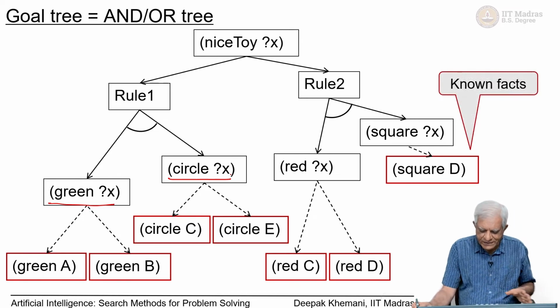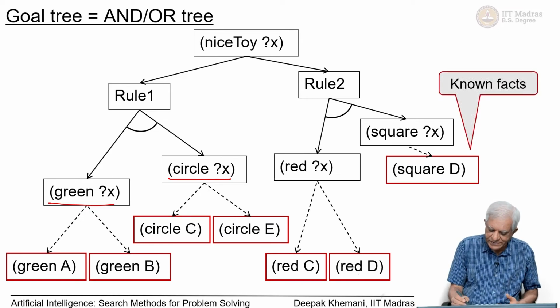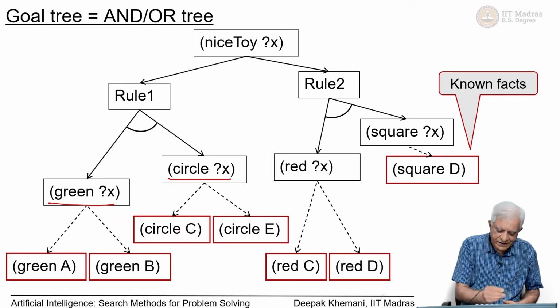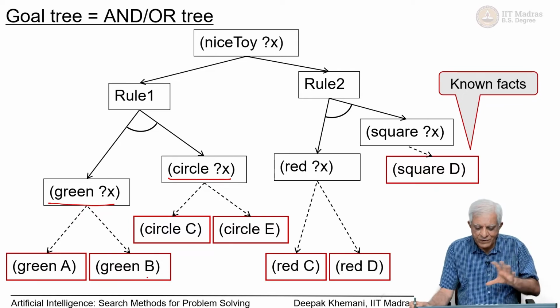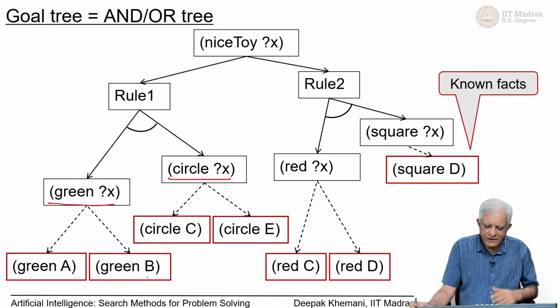So, these are known facts, that D is a square, D is red, C is red, E is a circle, C is a circle, B is green, and A is green. That is given to us. But we want to find out whether this predicate nice toy is true. And you can see that this is the same old AND OR tree that we have been talking about.